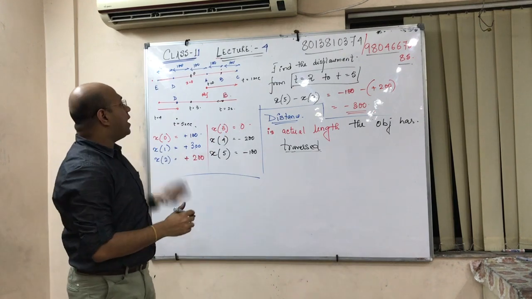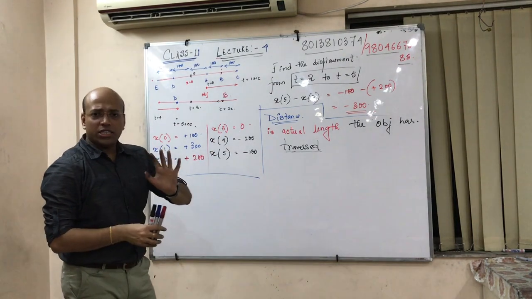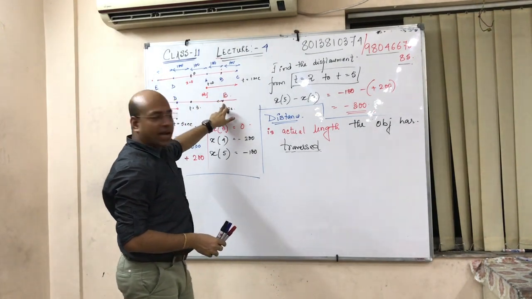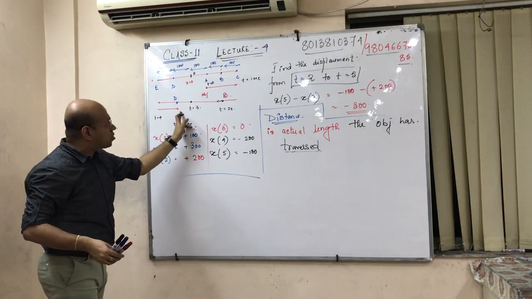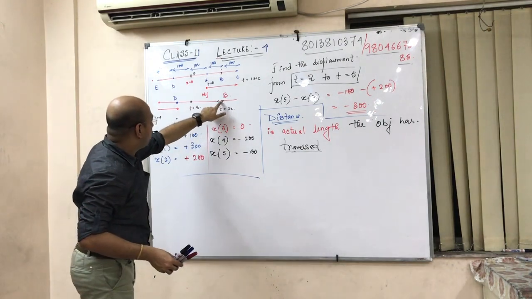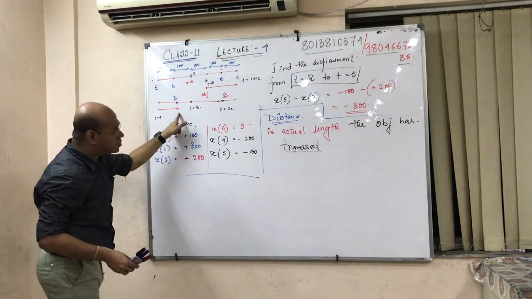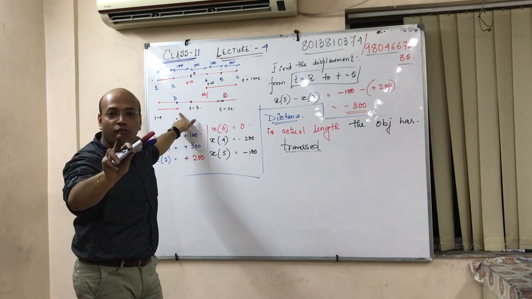Logically you can say it right now. At time 2 seconds, it was over here. It has crossed to the extreme, then it has gone over here. So from 2, it has gone a total of 400 plus 100, so distance will be equal to 500.